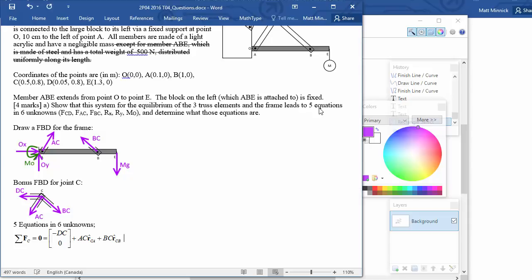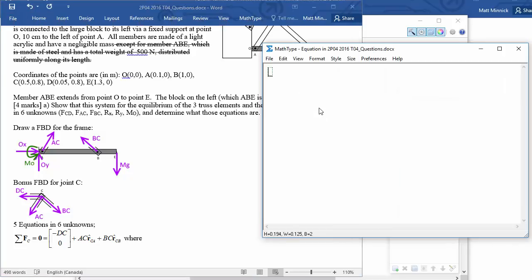Now we'll say where R hat CA is equal to negative the unit vector from A to C, which would be the coordinates of point C minus the coordinates of point A, as position vectors over its own magnitude, RC minus RA.